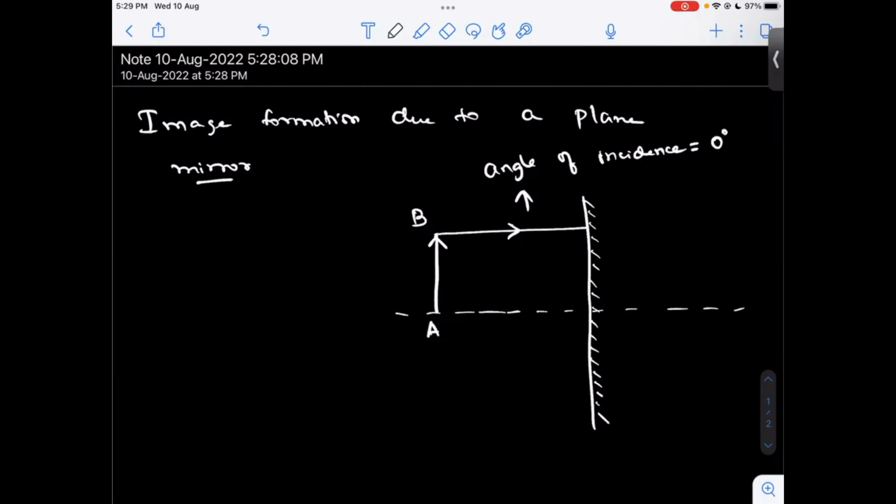It is 0 degrees, because the incident ray itself is acting like the normal, right? Then what will happen to the reflected ray? It will retrace its path.